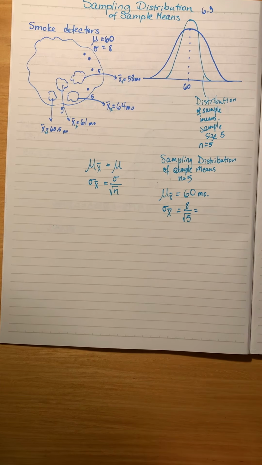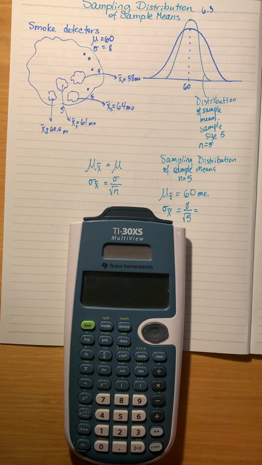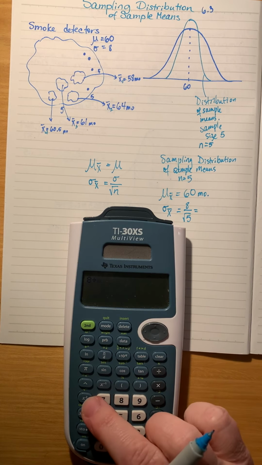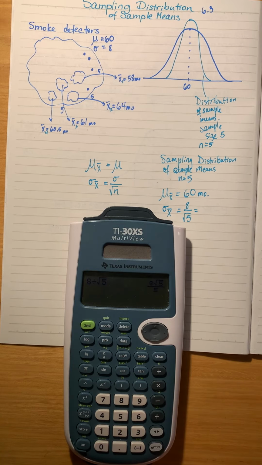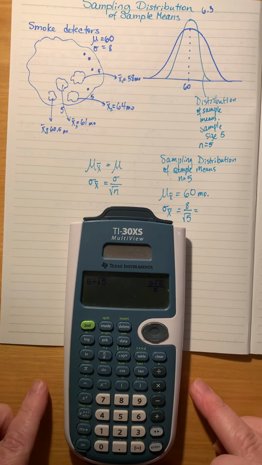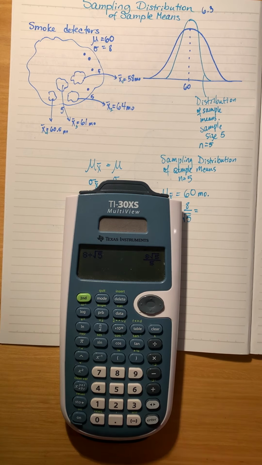Pause this video really quickly, grab your calculator, and go ahead and figure out what it is. So here is my calculator. I'm going to have 8 divided by the square root of 5, and I end up with this number, which I don't know exactly how much it is, but there are 2 options to do this.